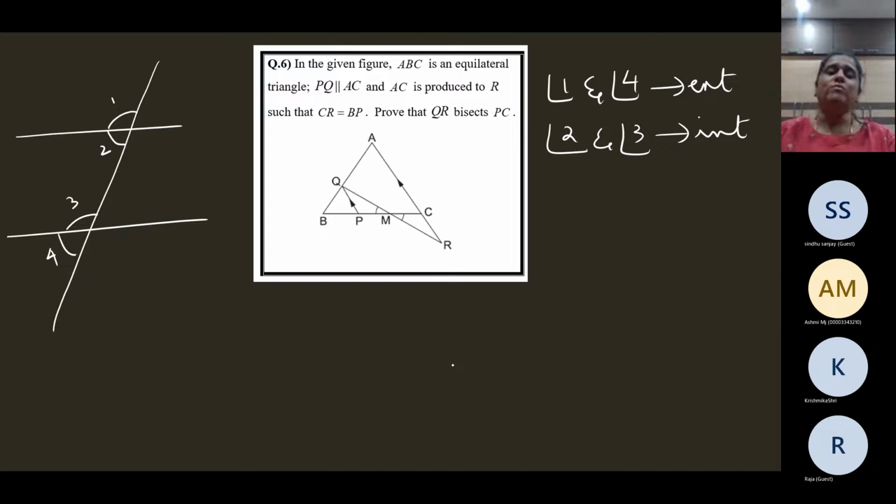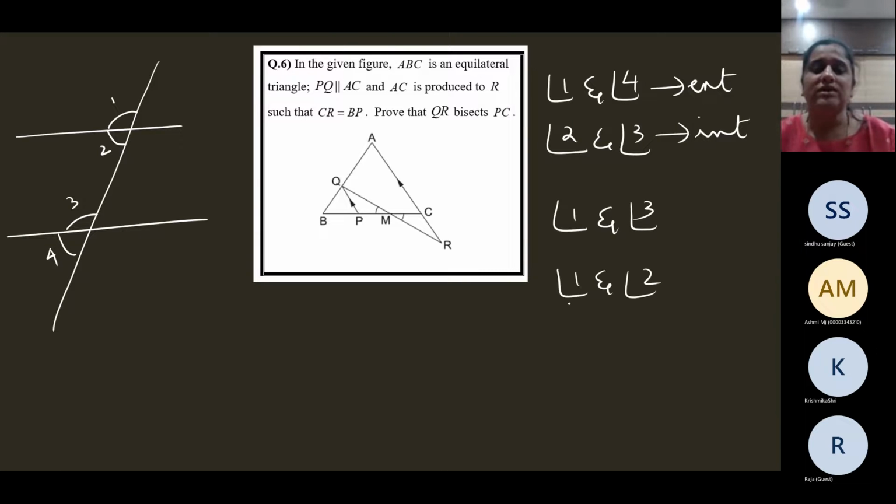By the definition, corresponding angles are a pair in which one is interior and the other is exterior, lying on the same side of the transversal. So we take angle 1 and angle 3. You cannot take angle 1 and angle 2, because although one is exterior and the other interior, 1 and 2 form a linear pair.